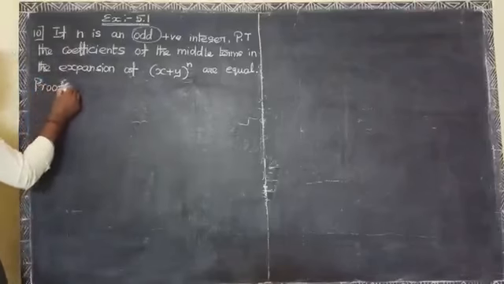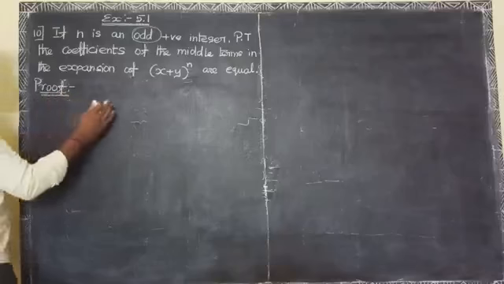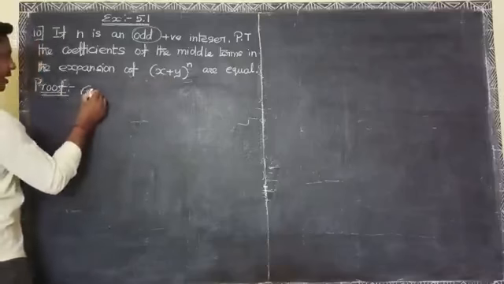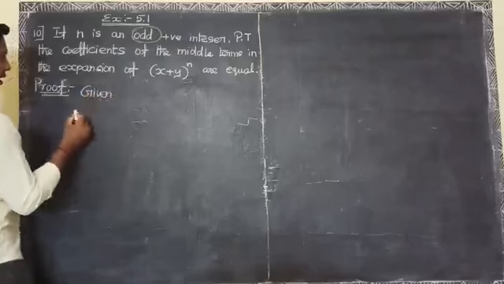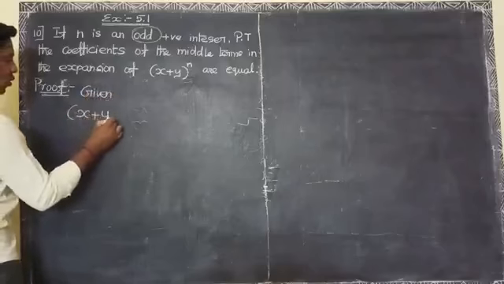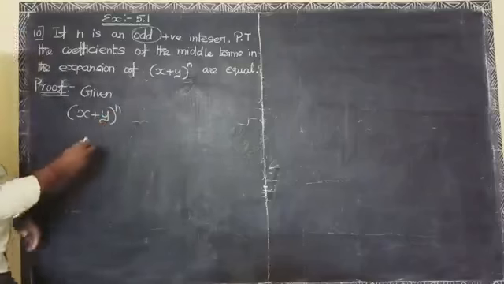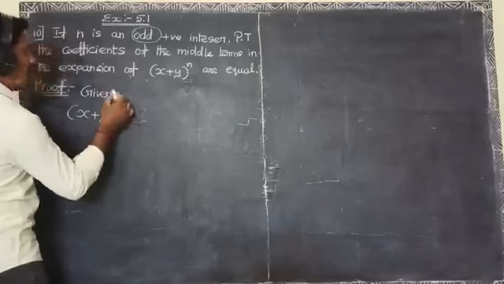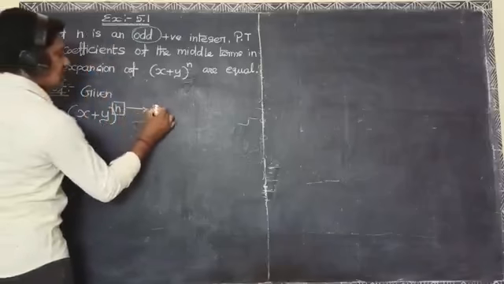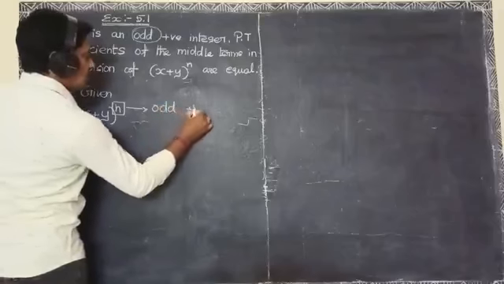Given the binomial (x + y)^n, where n is an odd positive integer.